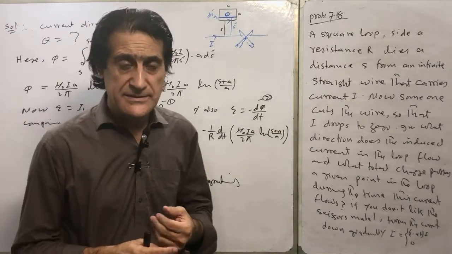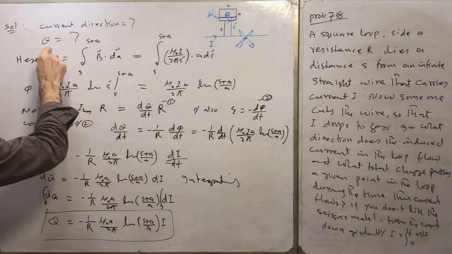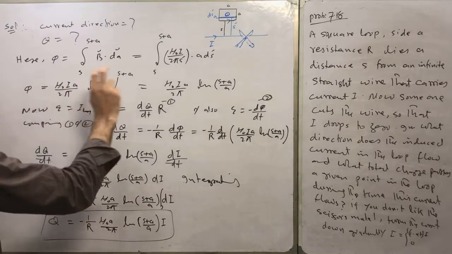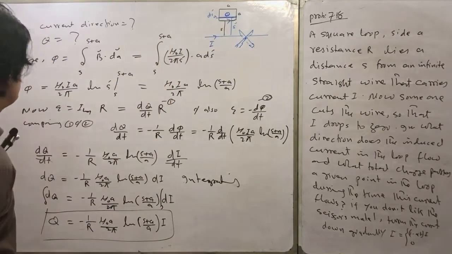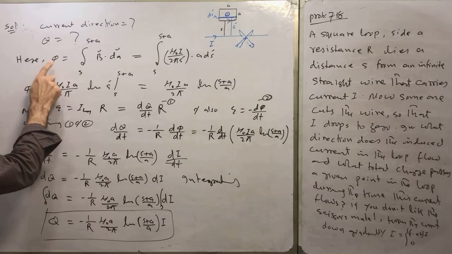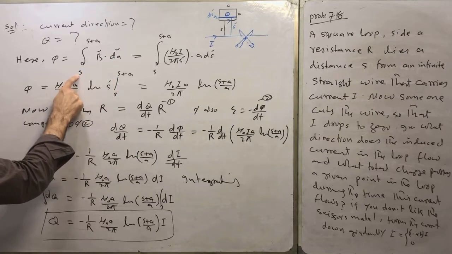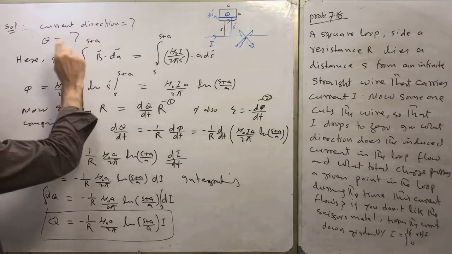Okay, the second part is we need to calculate Q, the charge in this loop. First of all, we calculate the flux phi, which is equal to the integral of B dot A, with limits from s to s plus a.